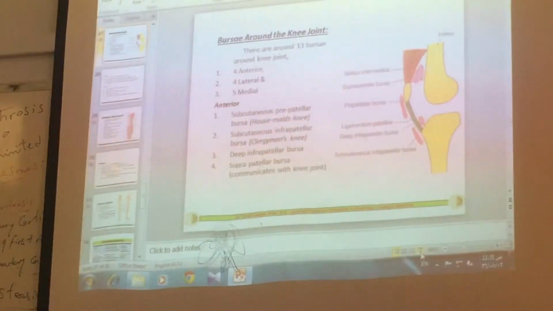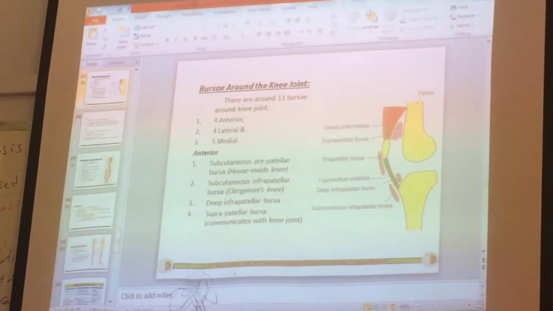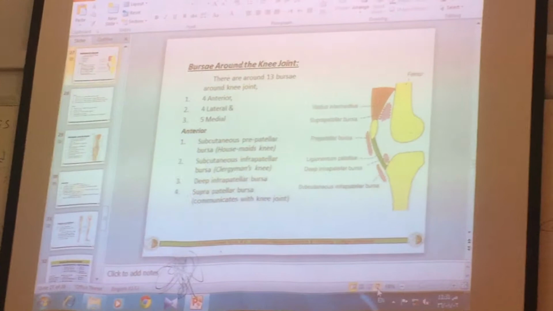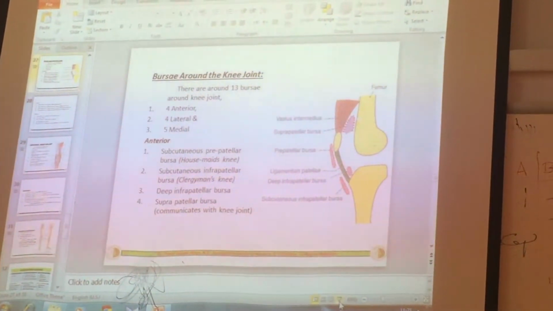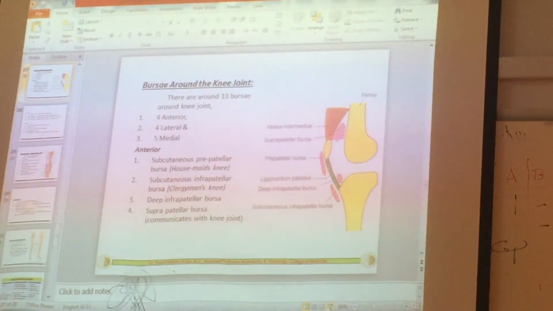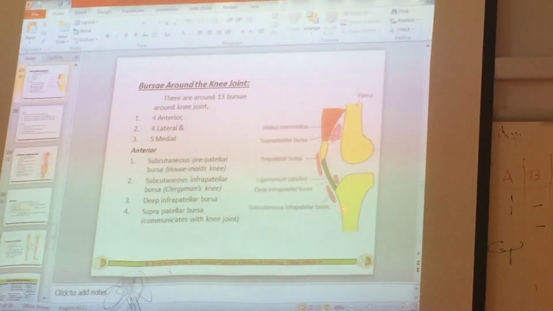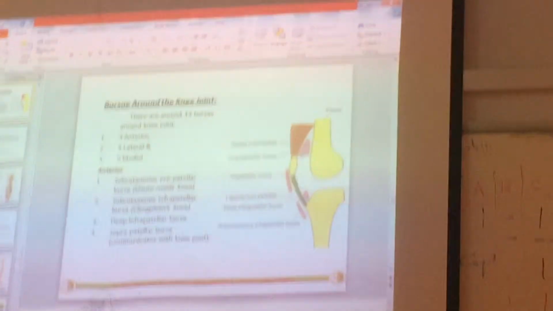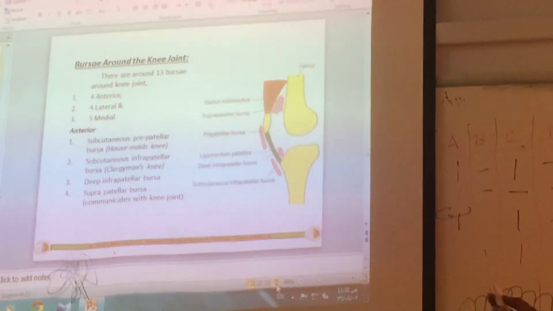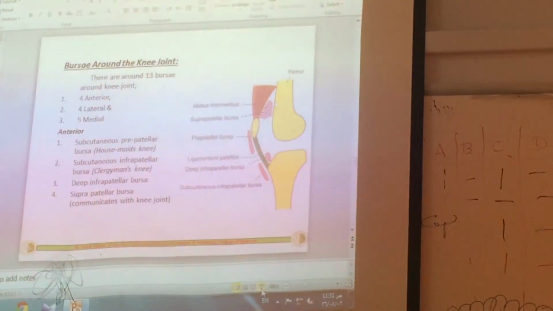They don't do sujood like us; they will just be kneeling. Especially those kinds of people, because they kneel for a long time, that leads to infection of this bursa. This is called the clergyman's bursa, or clergyman's knee. Clergymen are the popes.